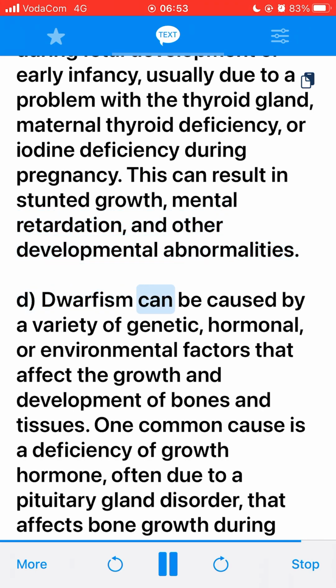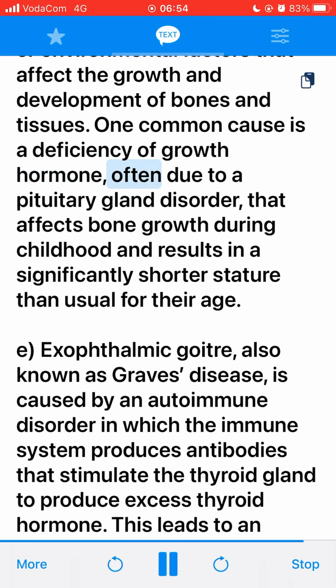D. Dwarfism can be caused by a variety of genetic, hormonal, or environmental factors that affect the growth and development of bones and tissues. One common cause is a deficiency of growth hormone, often due to a pituitary gland disorder, that affects bone growth during childhood and results in a significantly shorter stature than usual for their age.